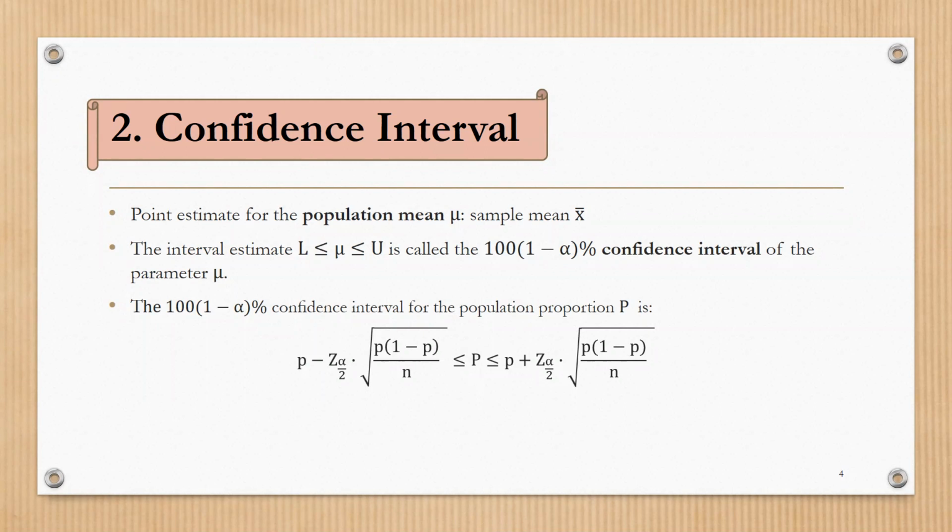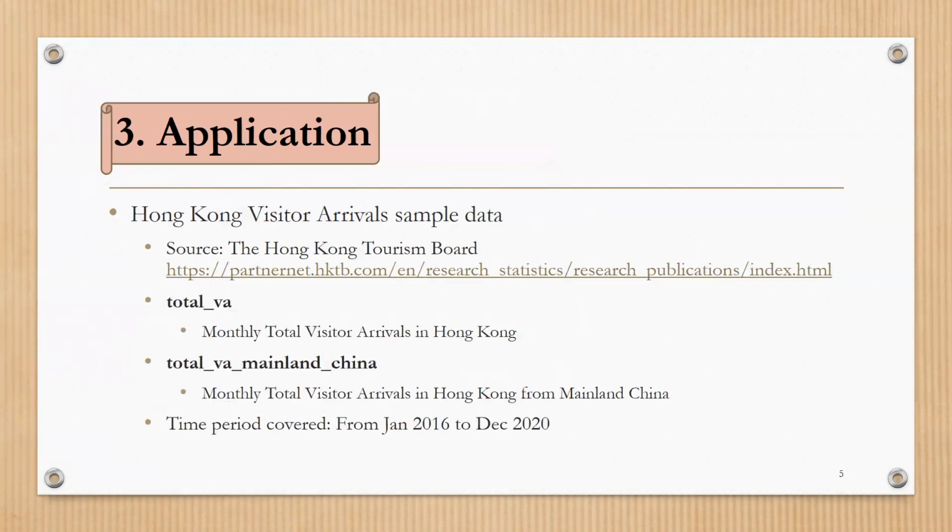Depending on different values of alpha, and looking at the formula below, you can see that your z score is going to be different. In that case, the lower and upper values that define your confidence interval would also be different. So next, let's go to the application part.